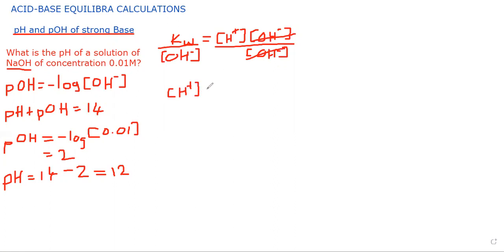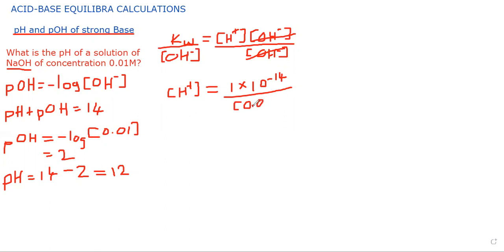So H plus: the ionization constant for water is 1 times 10 to the minus 14, divided by the concentration of the base. Also remember, sodium hydroxide is a strong base. So just like with strong acid, whatever the concentration of a strong base, that is also the concentration of the hydroxide ion. So this is a strong base, not a weak base.